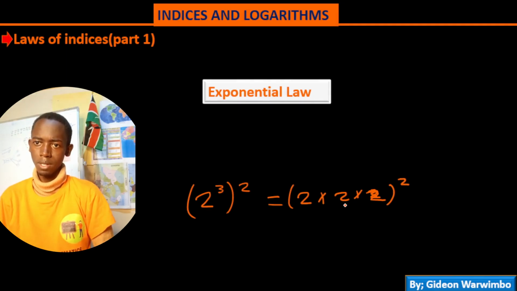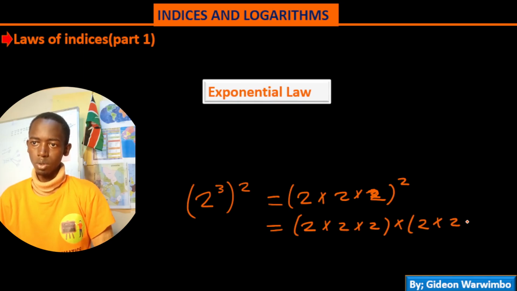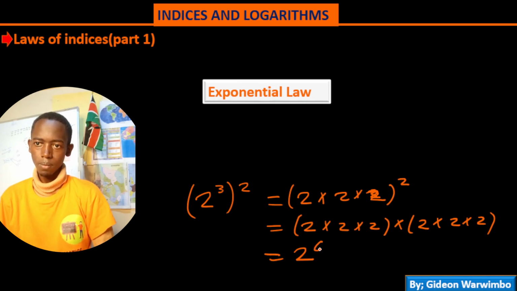So to open up this, that would imply that we have 2 multiplied by 2 multiplied by 2, and then we multiply everything that is inside by itself again, and that would give us 2 to power 2 multiplied by 2 again, and this would give us 2 to power. We now find the value of this power. The value of this power would be 1, 2, 3, 4, 5, 6.